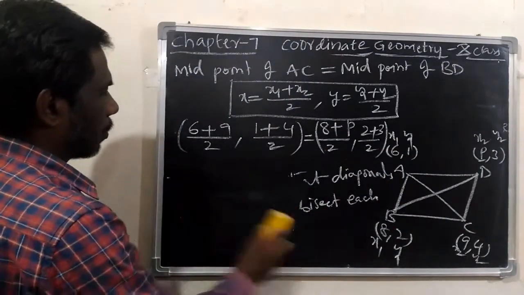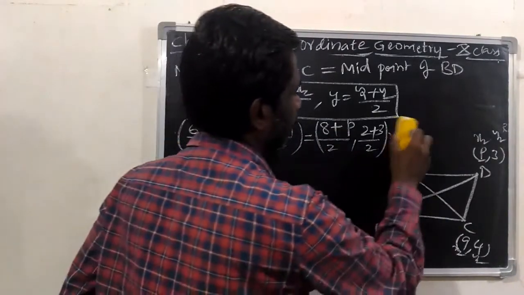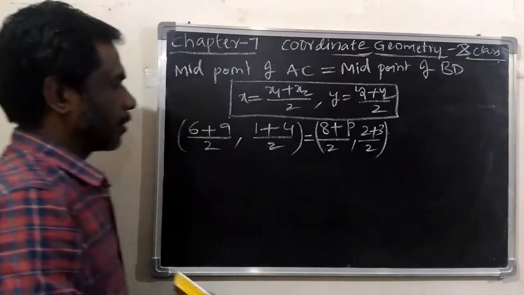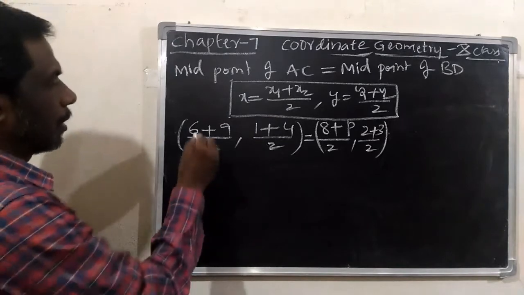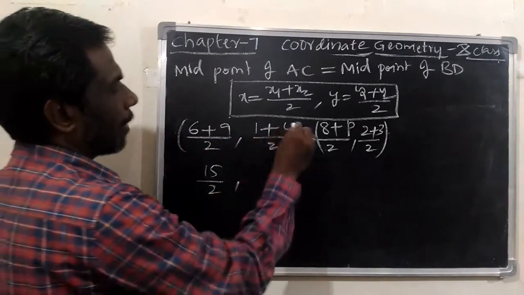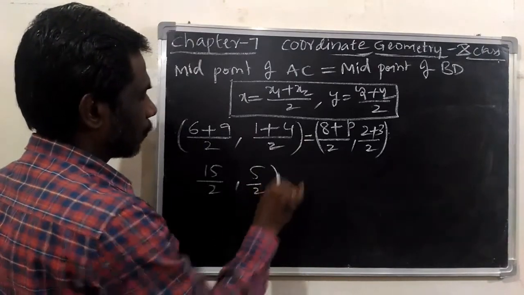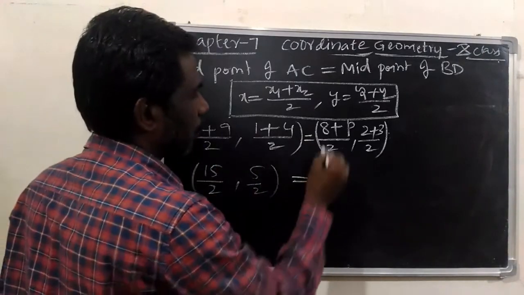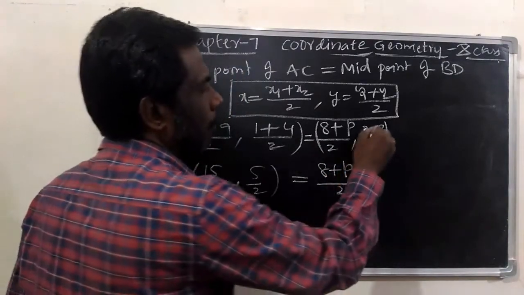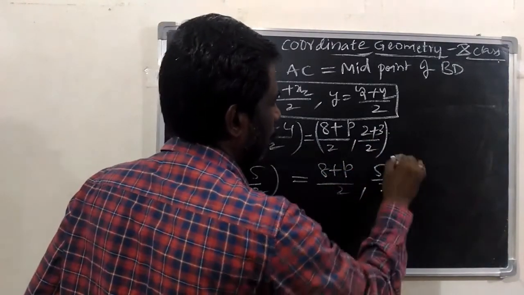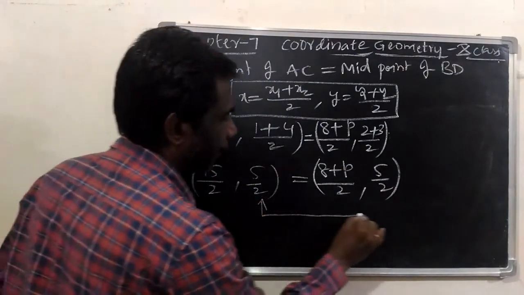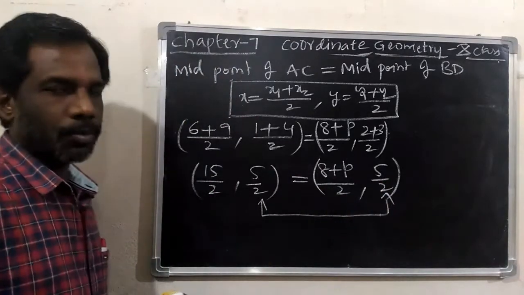So now we have to equate these two terms to find the p value. 6 plus 9 is 15 by 2, and 1 plus 4 is 5 by 2, equals (8 plus p) by 2, and 2 plus 3 is 5 by 2. See here, the y coordinates we are getting the same, 5 by 2 and 5 by 2.